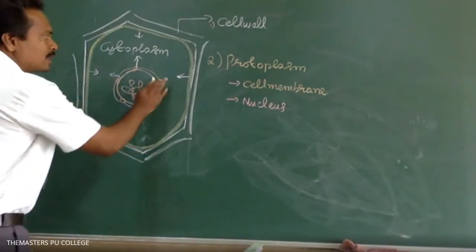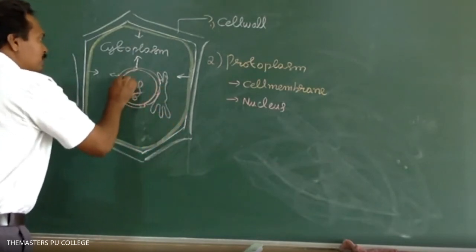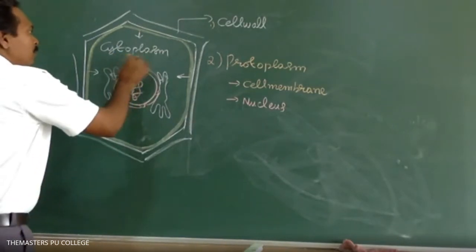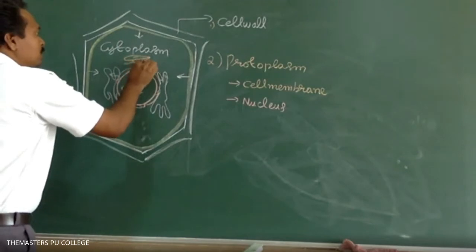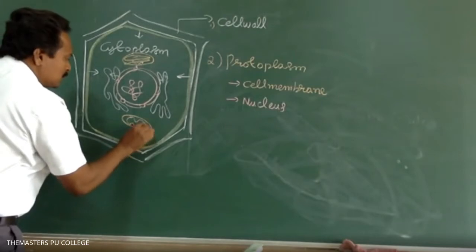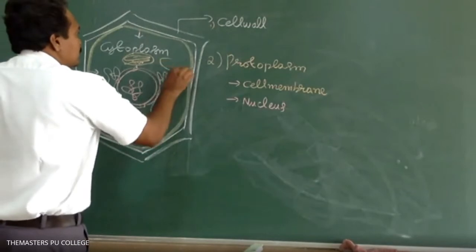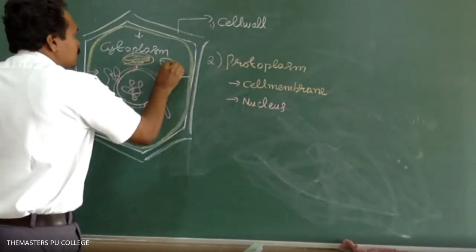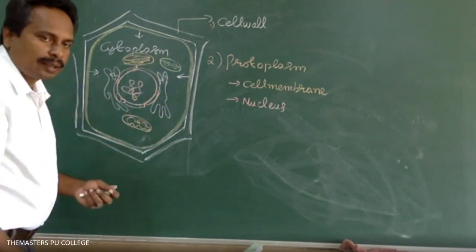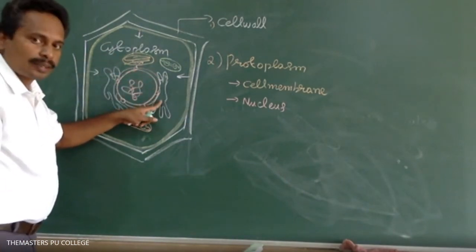Various cell organelles are present in the cytoplasm of the cell, like the endoplasmic reticulum, Golgi complex, mitochondria, and in plant cells, chloroplast. So several cell organelles are there.